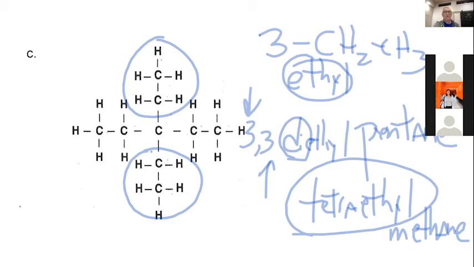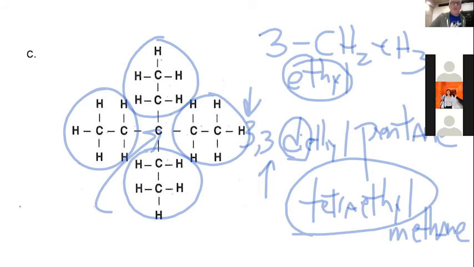What does tetraethyl mean? 4 groups of ethyl. It means there's 4 ethyl groups: 1, 2, 3, 4. And they're all substituting a single carbon. Well, what's a single carbon called? Methane. So we could also call it tetraethylmethane. And I wouldn't have to put down any number for methane because methane only has 1 carbon. So either one of those is correct.